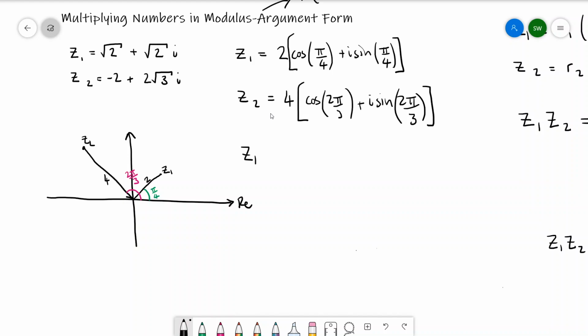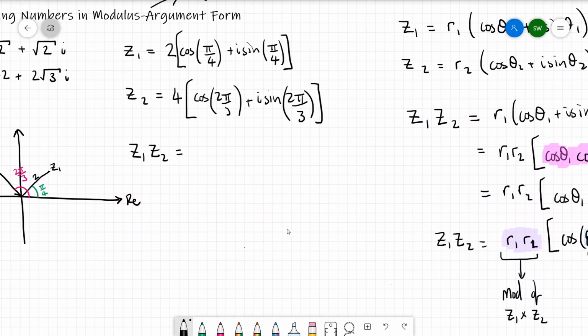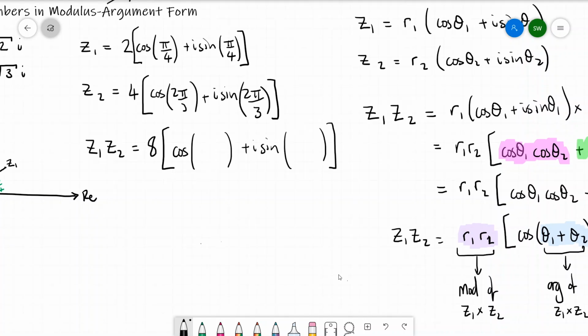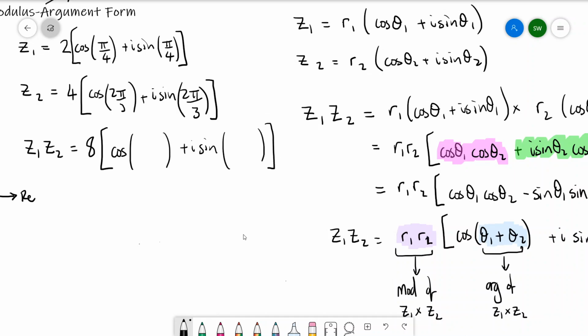So I promised a quick way of timesing these two complex numbers together. Well, all we need to do is remember that the modulus of the product is going to be the modulus of the first complex number times by the modulus of the second complex number. So in this case, it's going to be 2 times by 4, which is going to be 8. And we need to work out what the argument of this new complex number is when we times the two together. Well, we're just going to add together the arguments. Here we did theta 1 add theta 2.